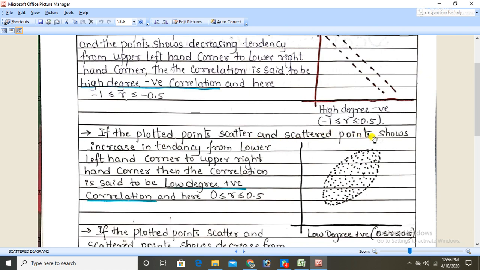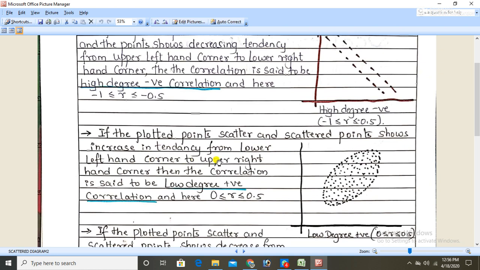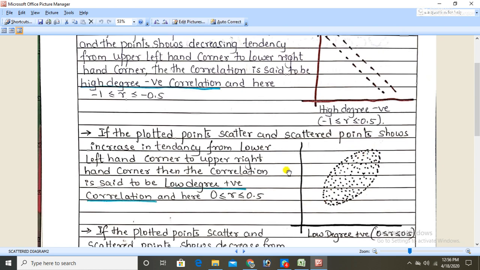Next, if the plotted points are scattered, and the scattered points show an increasing tendency from the lower left hand corner to the upper right hand corner, where the points lie in an ellipse, showing an increasing tendency, this type of correlation is said to be low degree positive correlation.